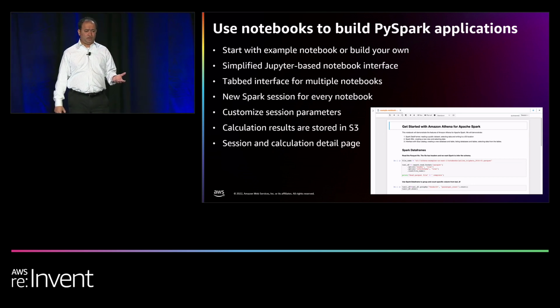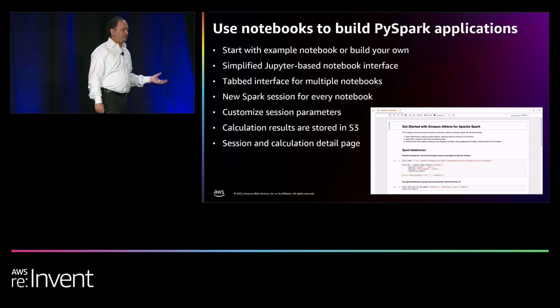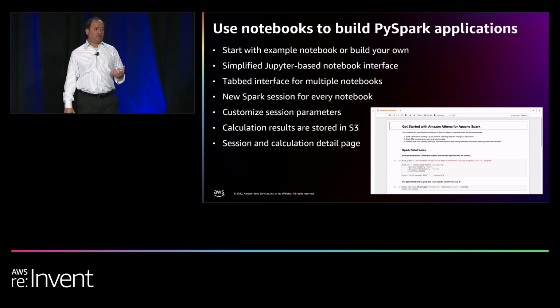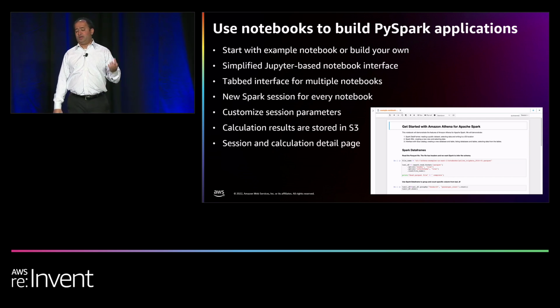You also get an independent Spark session for each notebook that you create, and you can set session specific parameters for each notebook. So, for each notebook you can set how many DPUs you want to use, how much you want to set for the idle timeout. So, you can set all of this independently.